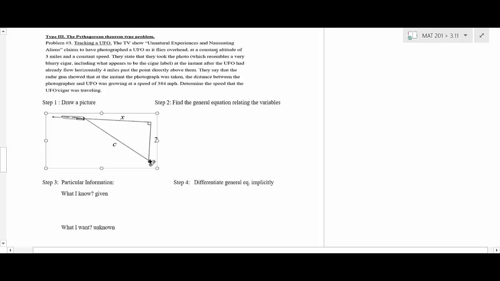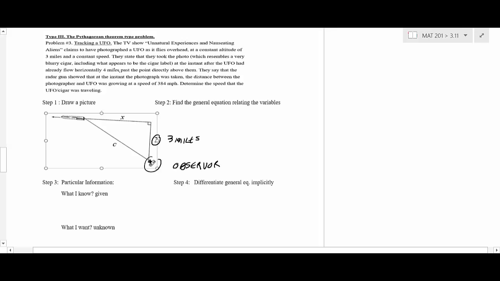It says you have a UFO at a constant altitude of, I think that was 3 miles. So in my diagram right here, this is supposed to be 3 miles, like it's on your handout. And the UFO is moving away from the observer. The observer is right here, and a person is taking a picture on their camera like that.